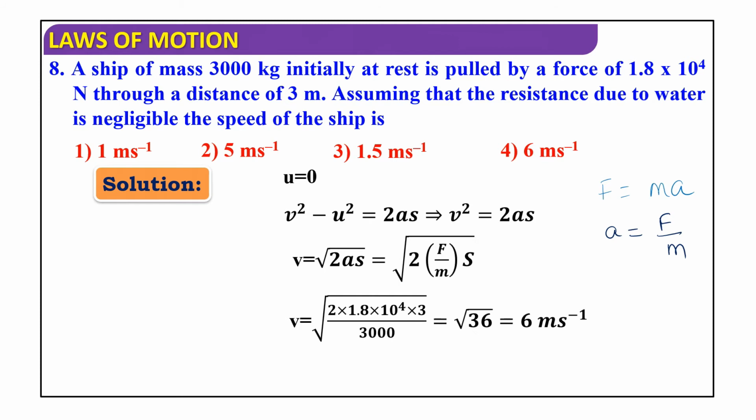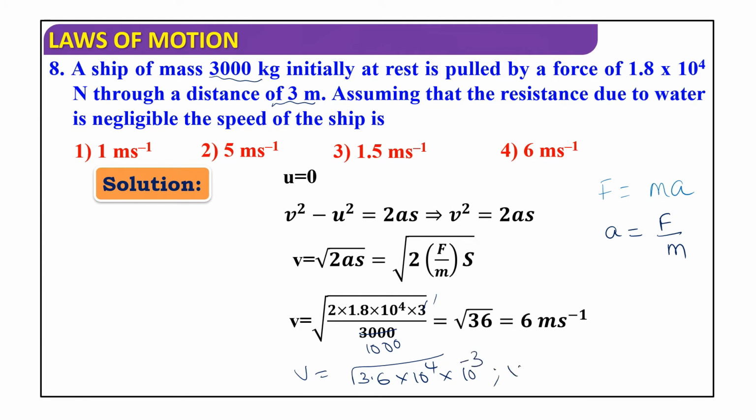So v = square root of, now substituting values, 2 into 1.8 into 10 to the power of 4, this is the force given, and s the distance given as 3 meters, divided by mass given as 3000 kilograms. So 3 ones are 3000, and v = root of 1.8 into 2, that is 3.6 into 10 to the power of 4, into 1000, which is 10 cubed, so 10 to the power of minus 3.